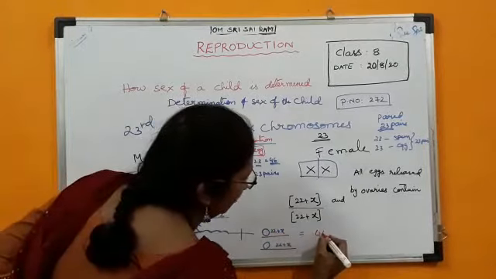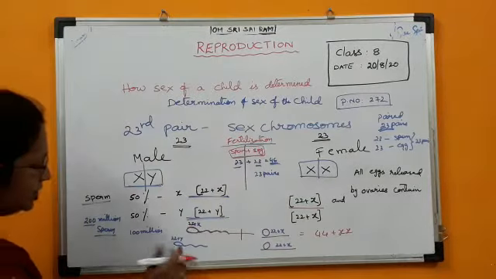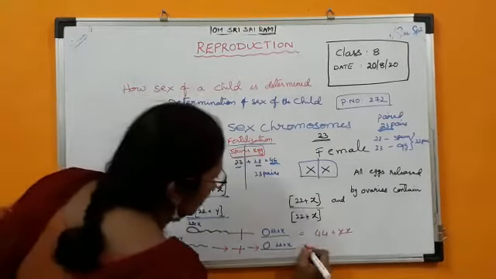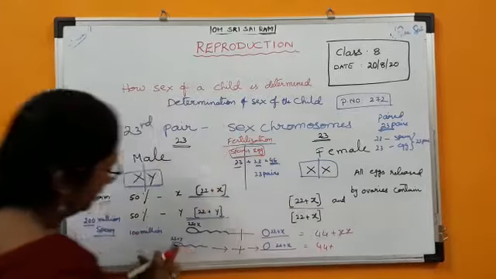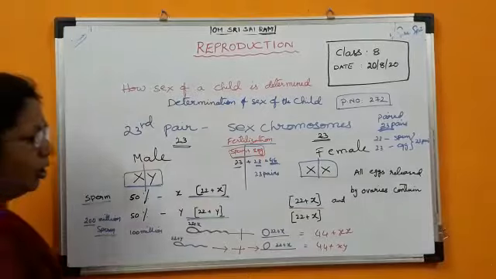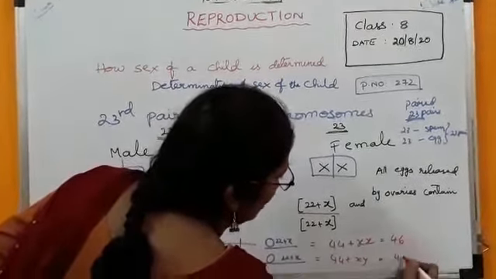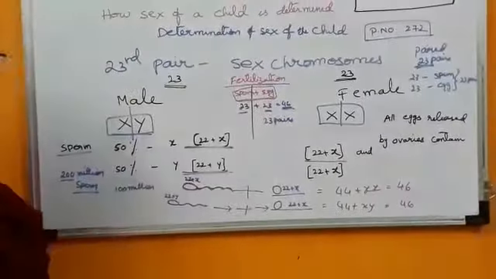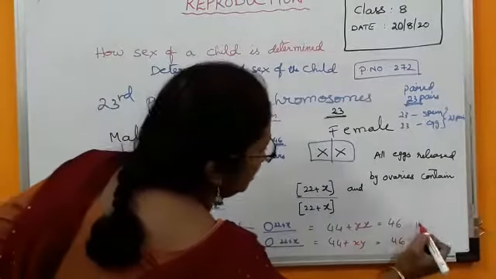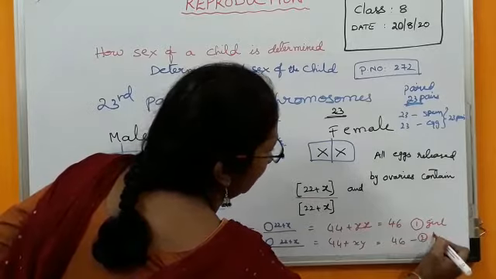What will happen? 44 plus X plus X. Now suppose the other sperm fuses: 44 plus X and Y. How many chromosomes does this zygote have? 46. This one also has 46. But can you tell me the sex of the baby? The first condition is a girl. The second condition is a boy.